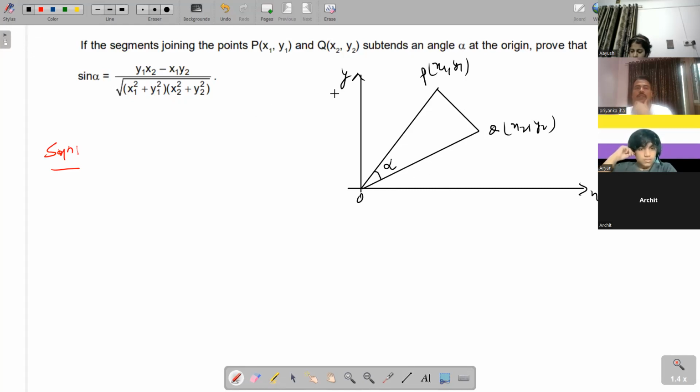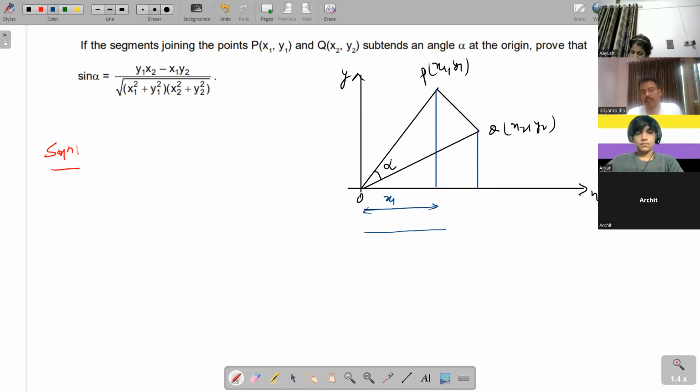How will you find this? Just drop a perpendicular from here to here, and from here to here. So this distance will be x1, and this distance will be the x coordinate of Q. This thing will be y2, and this length will be y1.